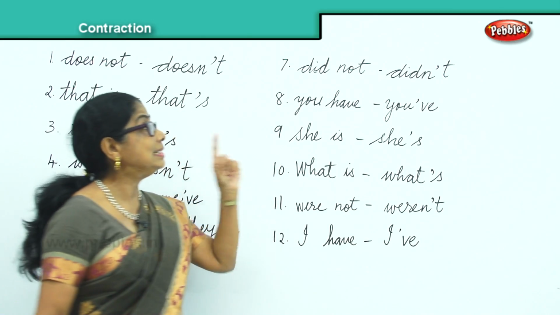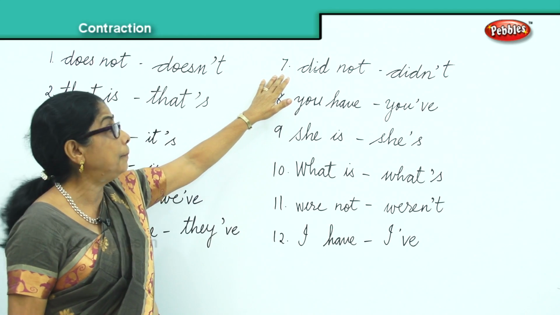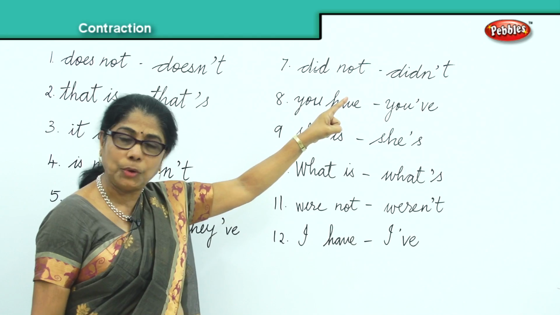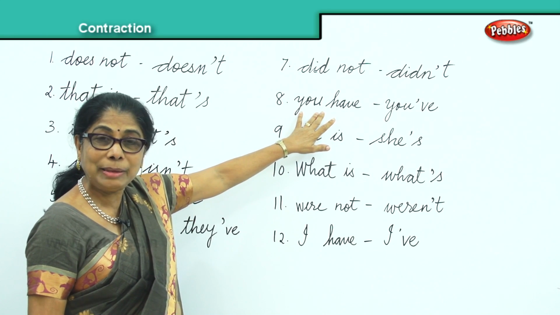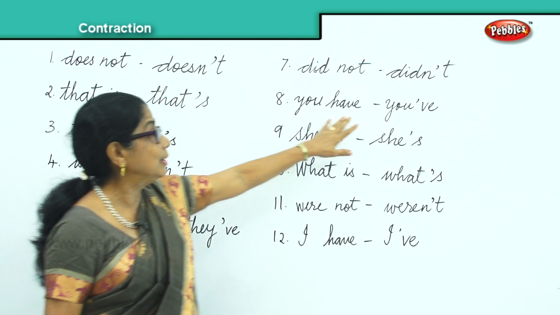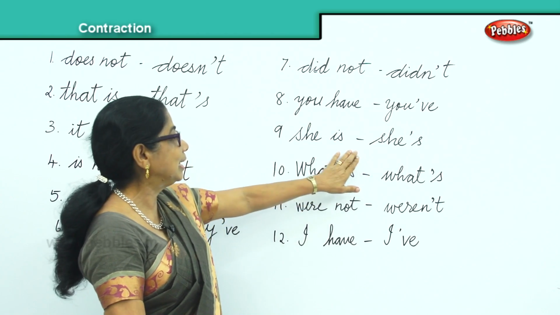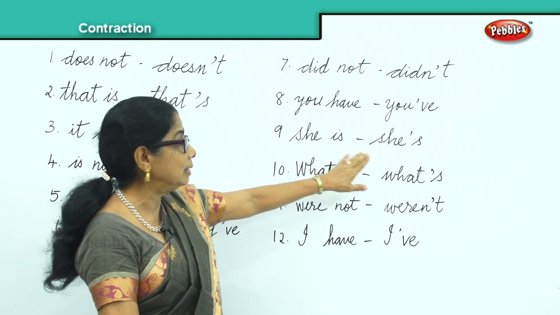Did not. She did not bring her book. You can say, she didn't bring her book. You have been present all the days. You've been present. She is a naughty girl.